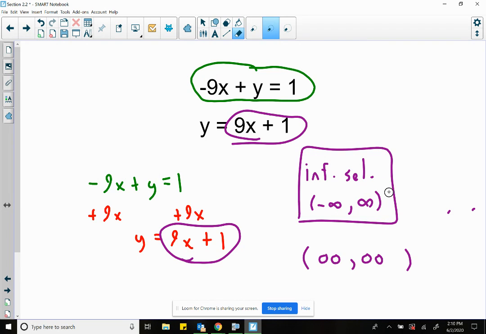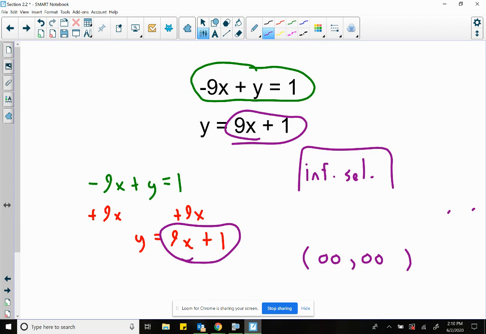So actually, technically, I probably shouldn't have had that piece there. So it is an infinite solution, or really just a sideways infinity sign. That's what it means. Okay, so for the x, you're going to put infinity. And for the y, you'll put infinity. Any number for x, any number for y. Okay?